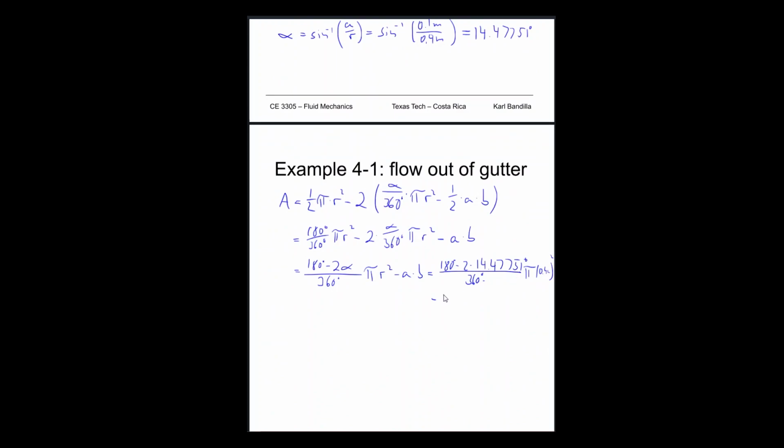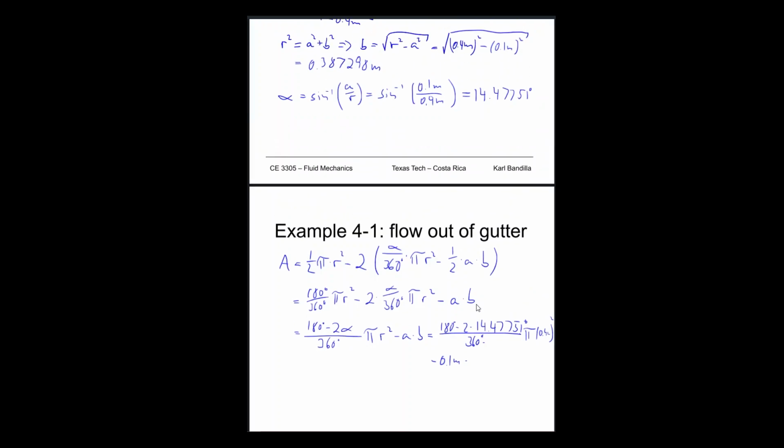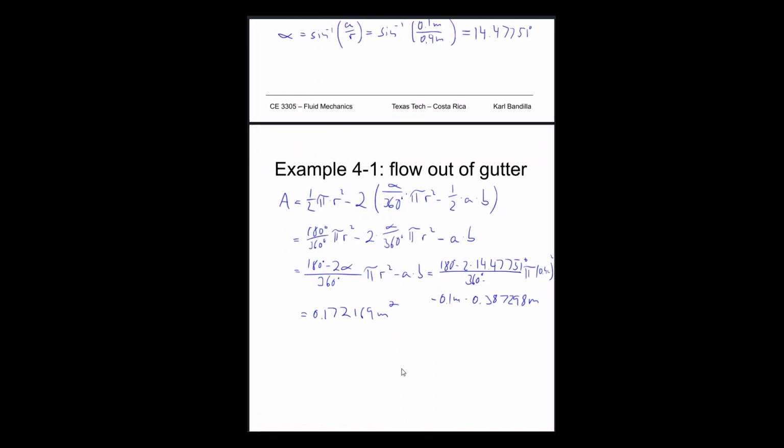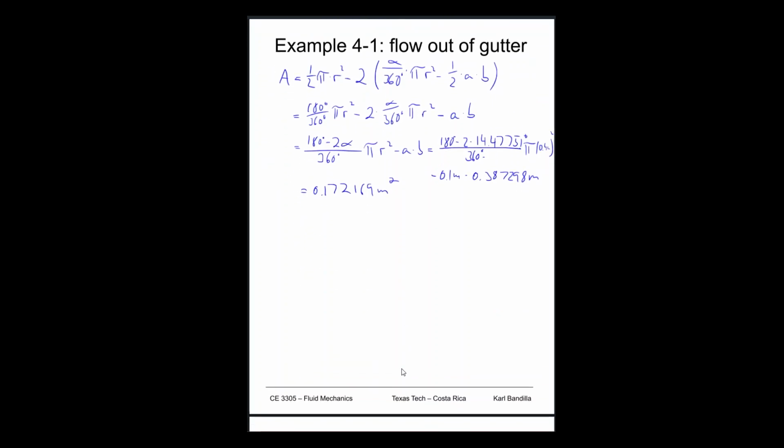It would be 0.1 meters times 0.387298 meters. Let's check that we have square meters on both sides. That all works. If we plug this in, we get 0.172169 meter squared. This is the area that will have the water flowing through.